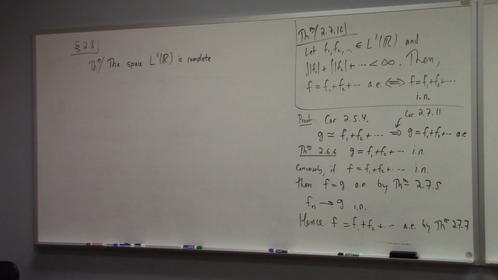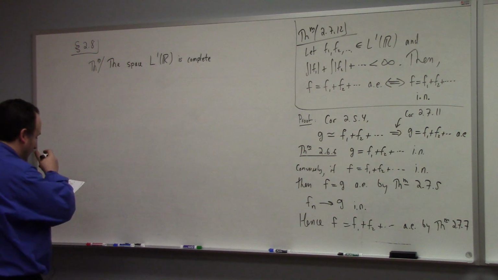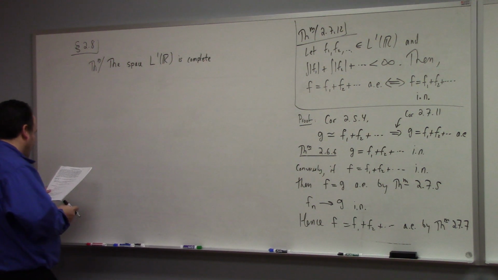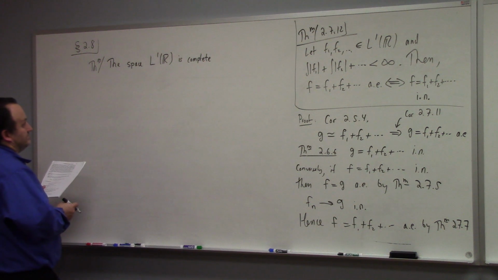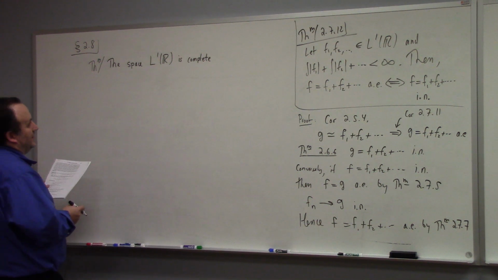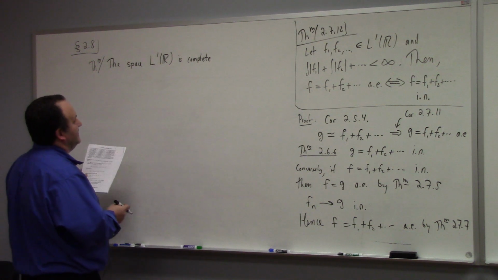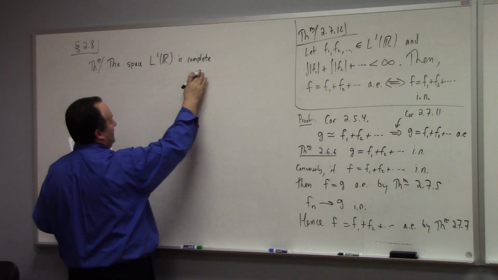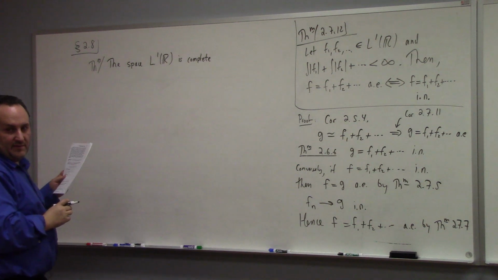It is script L1R, which has the equivalence classes in it. So I disagree with this paragraph at the top of page 59. We're really proving the script fancy L is complete. I think this is fine. I just think his paragraph that follows it is not okay.